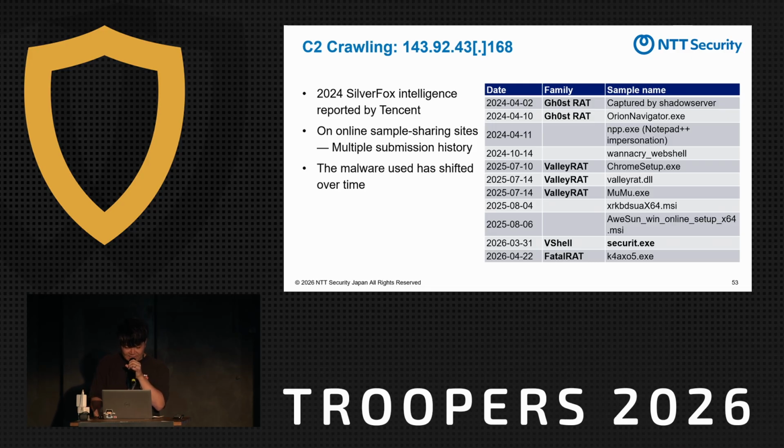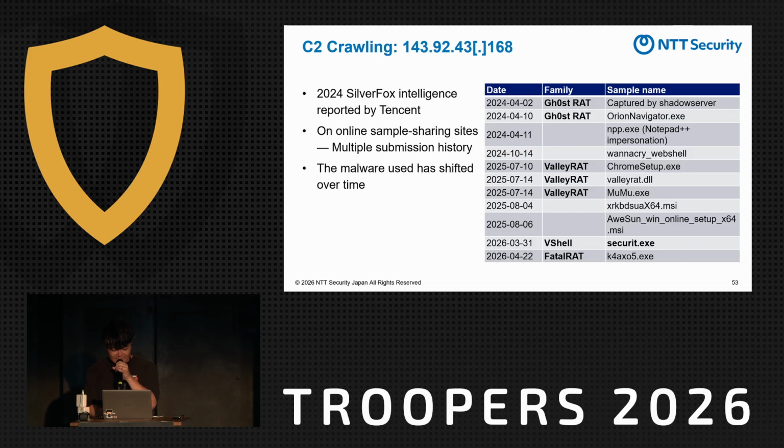One key observation is that the malware families used have changed over time. Initially, Ghost RAT was observed, followed by a transition to Gh0st RAT variants such as Body RAT, and more recently to tools such as vShell and Fatal RAT. This evolution suggests that the attackers continuously adapt their tooling while maintaining the same infrastructure.